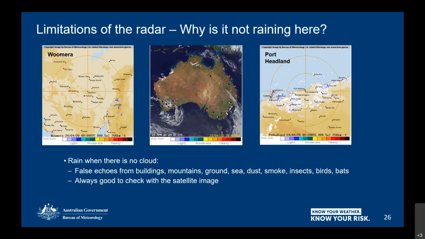It could be due to some dust or smoke or insects or birds or bats in the sky that our radars can't discriminate against, and it'll come up as reflectivity. Now, my tip here would be to always check with the satellite image. If there's no cloud, it's not rain.